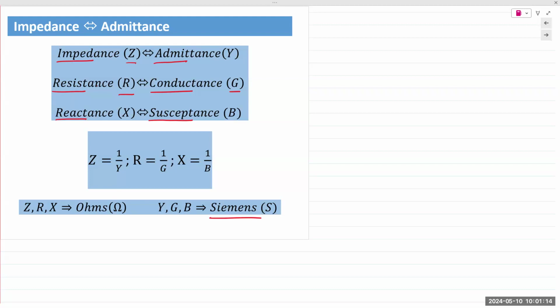Oftentimes, it's also used as mhos, M-H-O, simply the reverse of ohms. So depending on who's used to what, you could use Siemens, or you could use mho. But again, these are reciprocals. We will not solve problems using those specifically, but it's just something that students should be aware of.